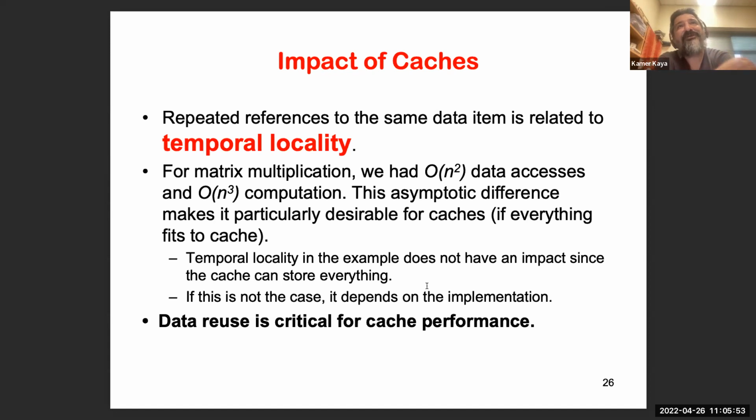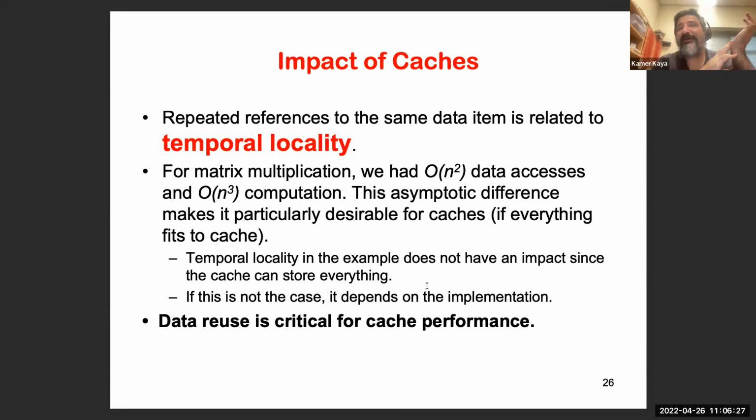So suppose that you have a data item and you know that you will access it 10 more times. You can reorganize your statements. Maybe you are increasing your time complexity. Maybe you are doing some redundant computations. But if you can make these 10 next accesses close to each other in the timeline, then what you will improve is the temporal locality of that item, because you are accessing it, you are bringing it to the cache.